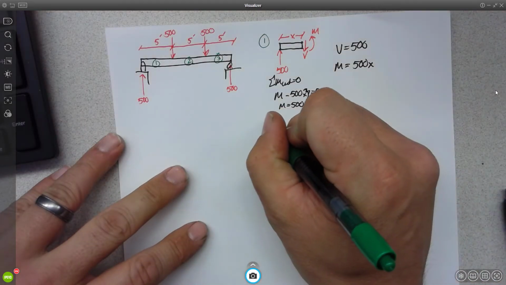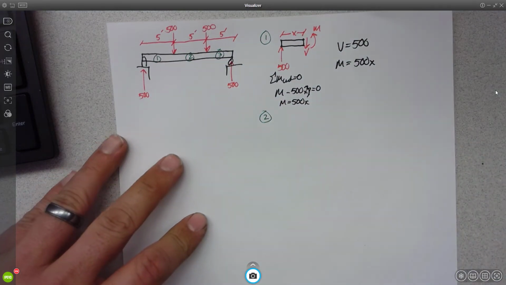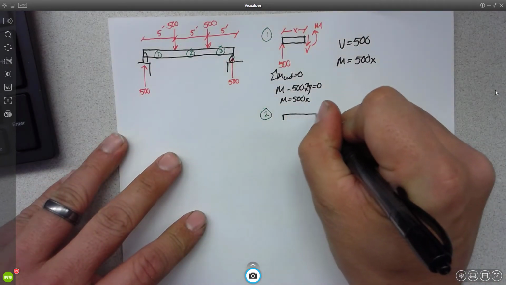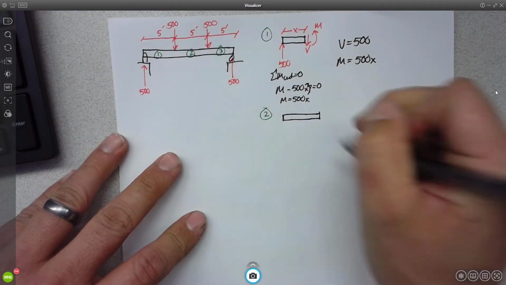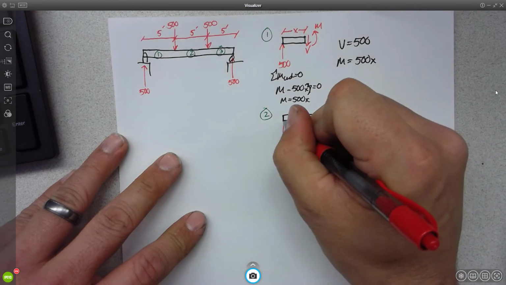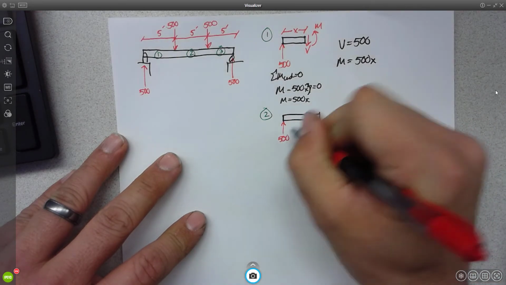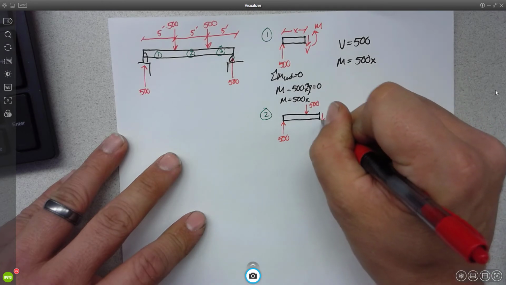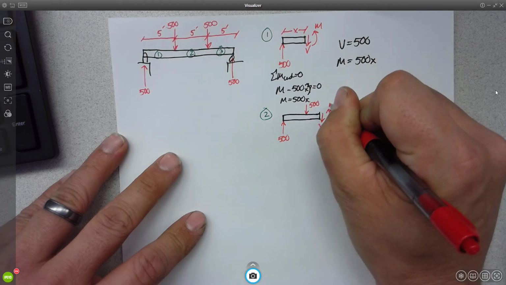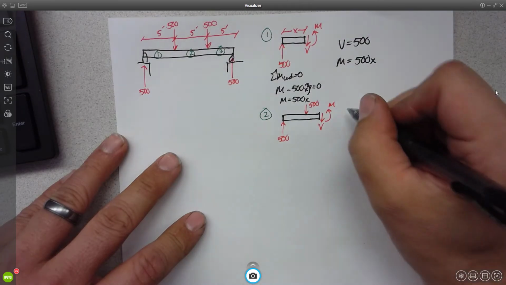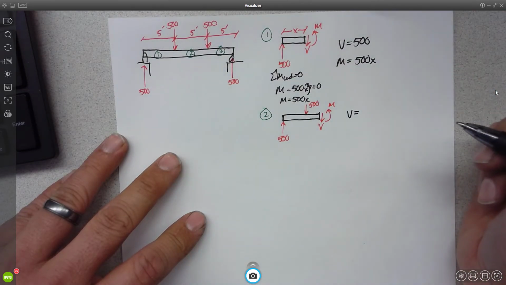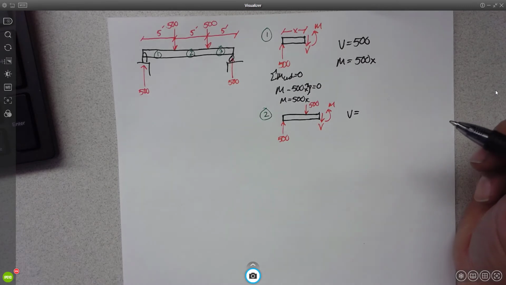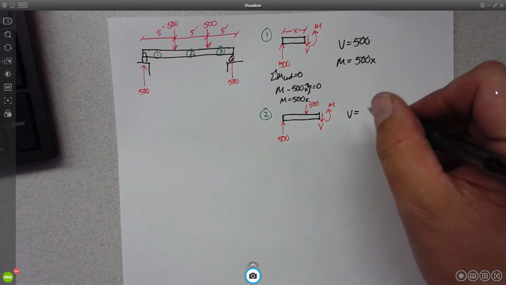Let's do region 2. What's the shear? Why is it 0, Joseph?